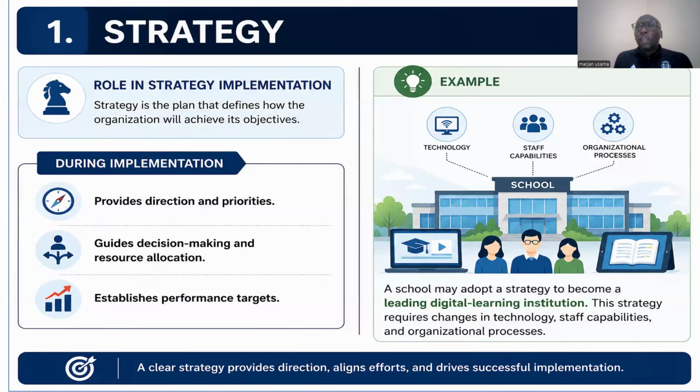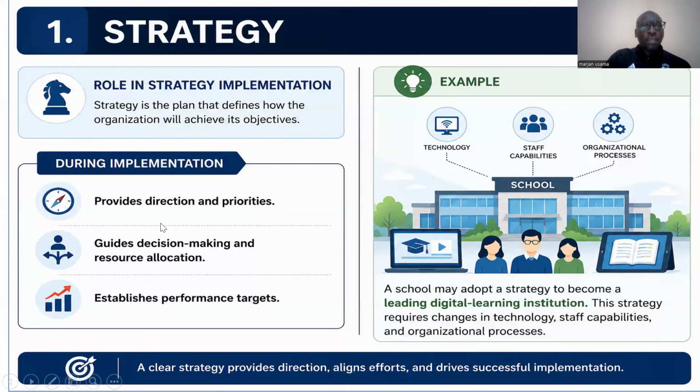We have a school choosing a strategy. It is moving from the traditional system and embracing the digital. Everything in the school will be digital. Students are going to be learning digitally. Their exams will be digital. So everything in the school has to be aligned to this strategy.